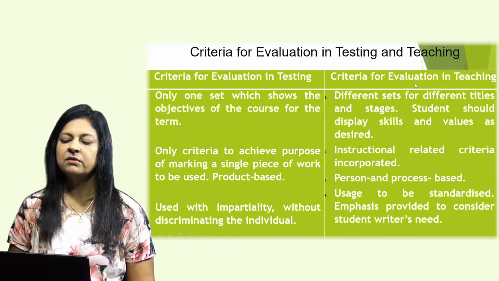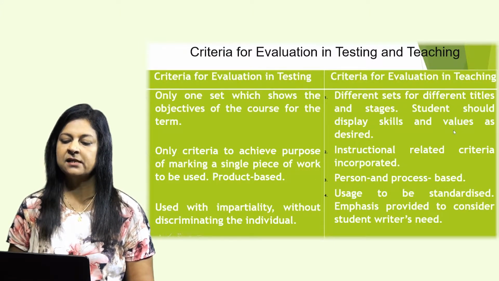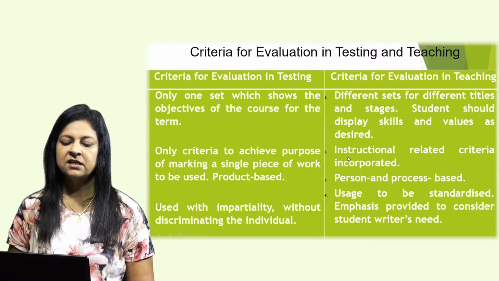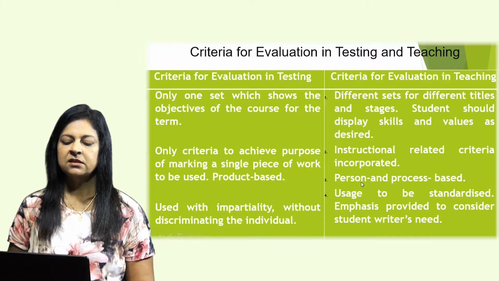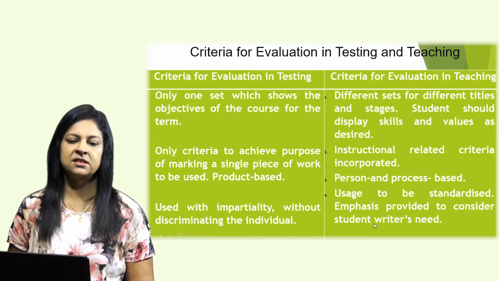Criteria for evaluation in teaching: a different set for different titles and stages. Students should display skills and values as desired. Instructional related criteria are incorporated. Person and process based, used to be standardized. Emphasis is provided to consider the student writers' needs.